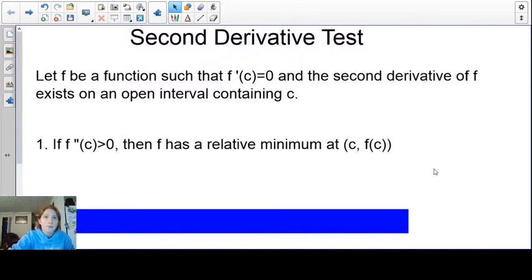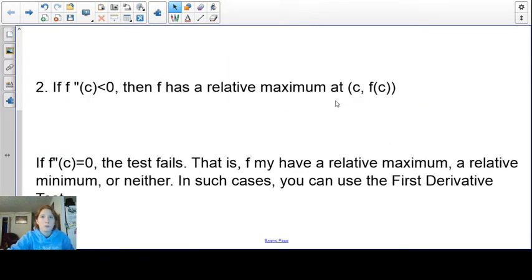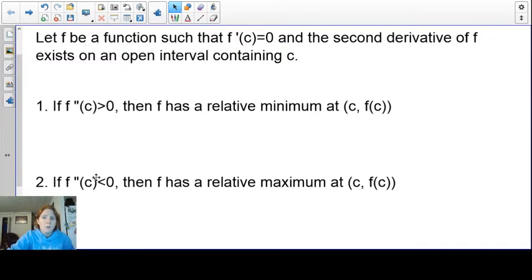So there's part 1. There's part 2. Essentially what this is saying is, once I take the derivative of a function, find its zeros, take its derivative again, and plug in that zero, if that is greater than 0, then it has a minimum.